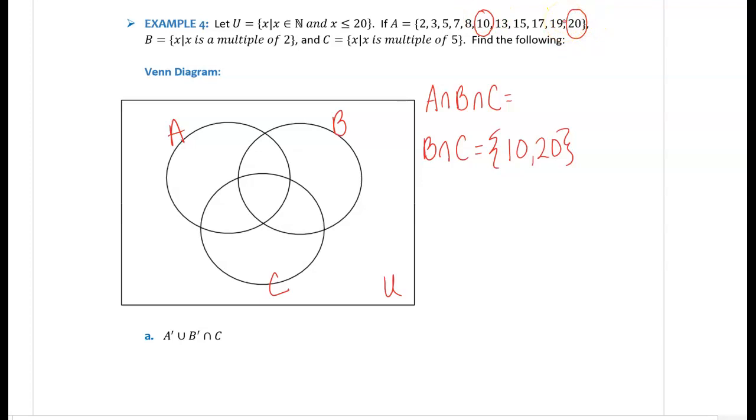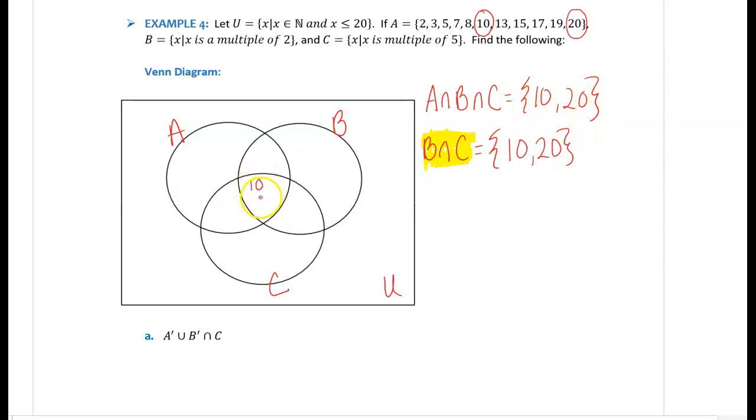So take a minute first to recognize that B intersected with C is the region in yellow. We know that 2 values, 10 and 20, are there. However, we have even more information that if I'm looking at the intersection of all 3, I also have the values 10 and 20.